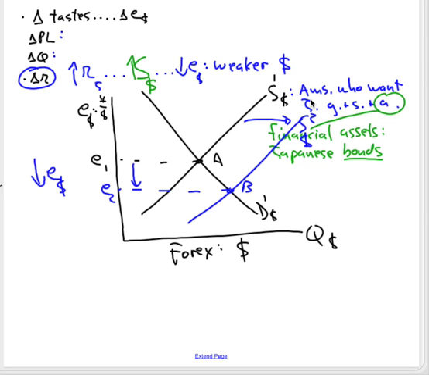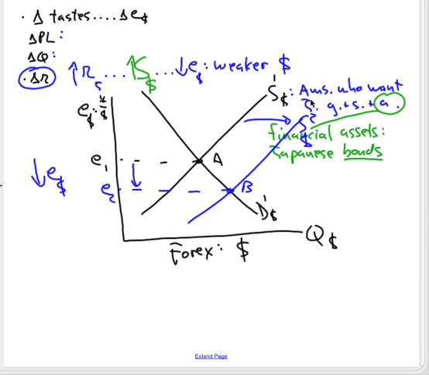And once again, you can run it backwards in your head. If you think of the foreign exchange market for yen, an increase in Japanese interest rates would shift the demand for yen because more Americans will want to buy yen. So in the foreign exchange market for yen, the demand curve will shift to the right, producing a stronger yen. Stronger yen, weaker dollar, same result.